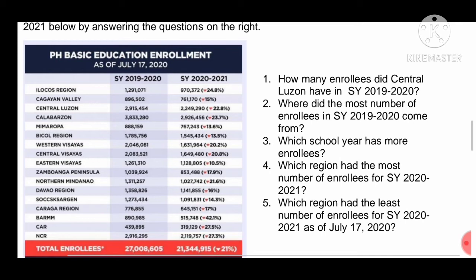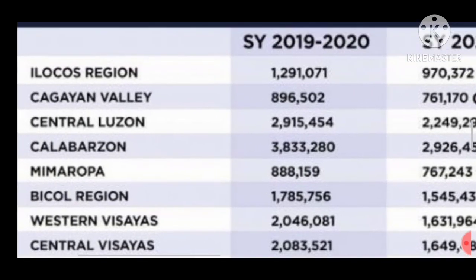Okay, so the first question, how many enrollees did Central Luzon have in school year 2019-2020? So the clues are enrollees, Central Luzon, and 2019 to 2020. So I will be looking into Central Luzon. So there it is, Central Luzon.